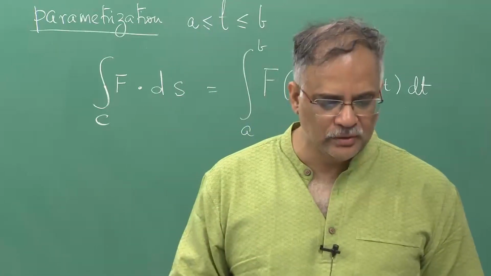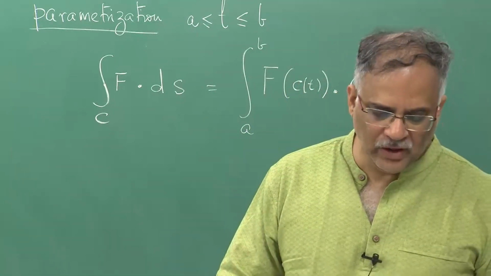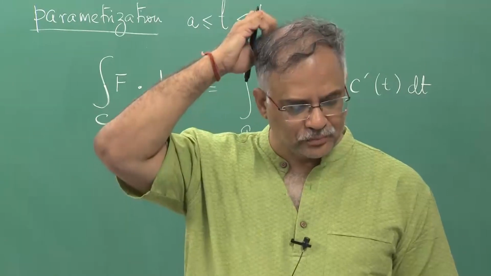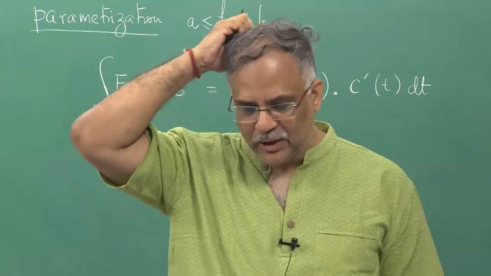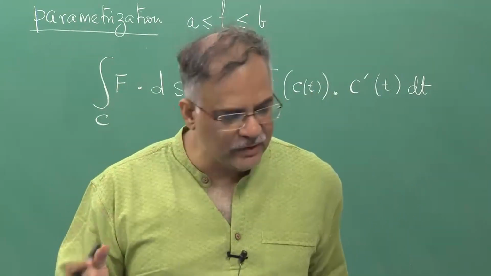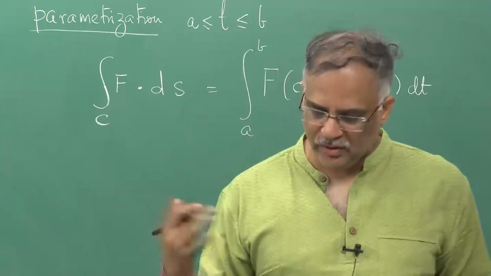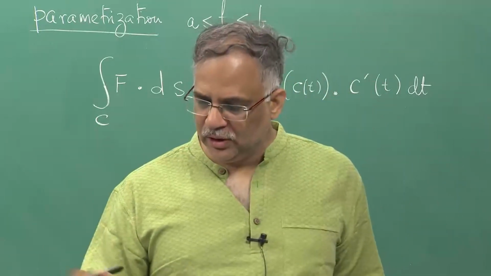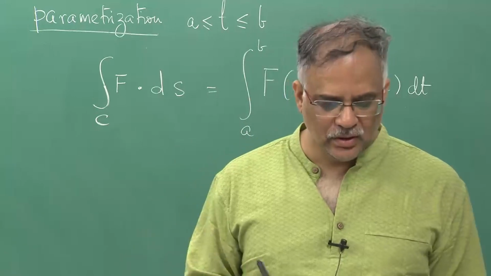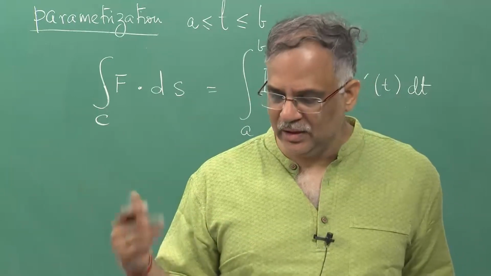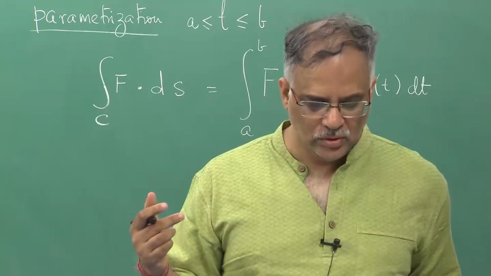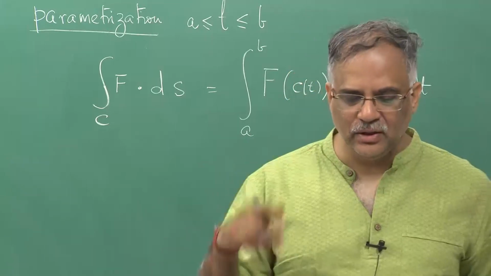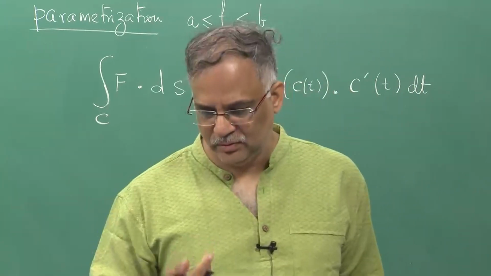It is not a very big thing to do. C1 dash t is nothing but the i vector plus 0 j vector plus 0 k vector, right. So, you know how to do the thing. So, it is i dot i basically. So, it is the integral of 1 from 0 to 1 dt.